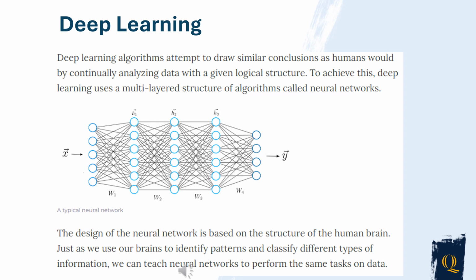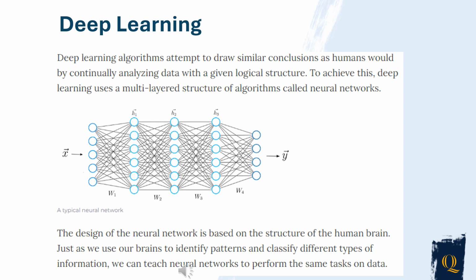Deep learning algorithms attempt to replicate how humans draw conclusions by continuously analyzing data in a structured way. To achieve this, deep learning uses a multi-layered structure of algorithms called neural networks. A typical neural network consists of multiple layers of interconnected nodes.